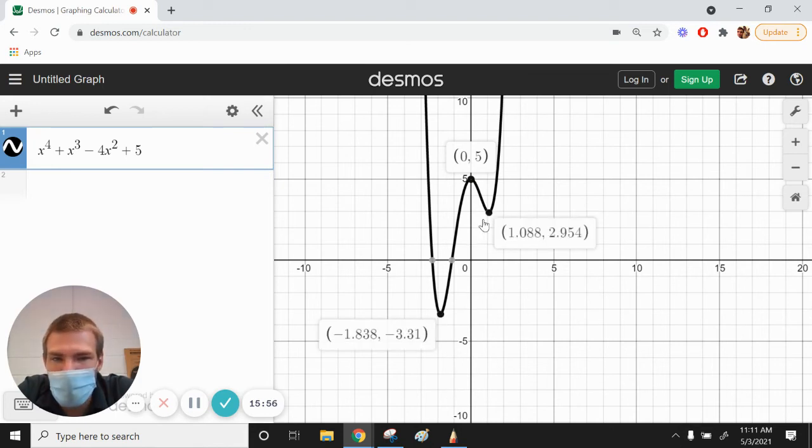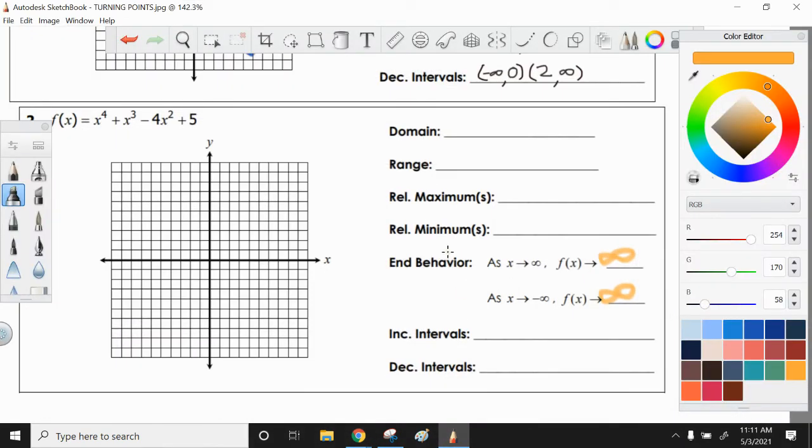I see 2 minimums here and there. Now, these are decimals, and when we go to place our points, we need to write these exactly on the list, but on the graph, obviously, I don't expect you to graph these perfectly. So on our list, our maximum needs to be 0, 5.